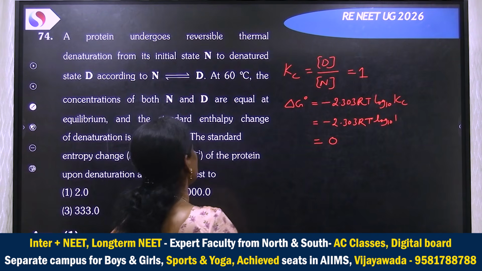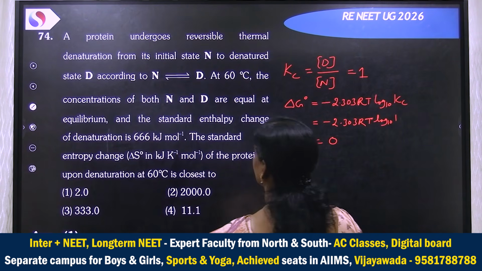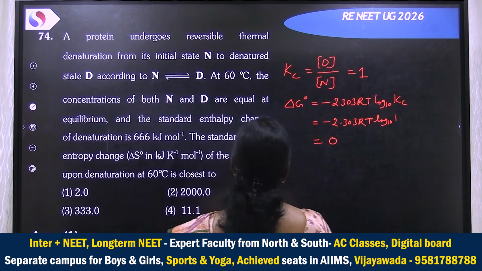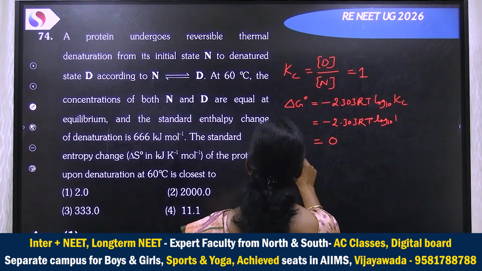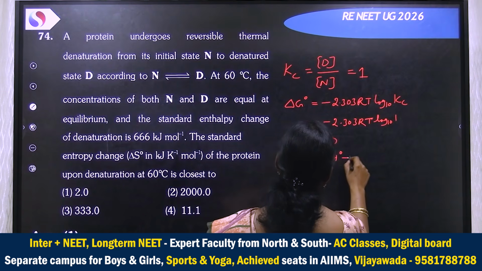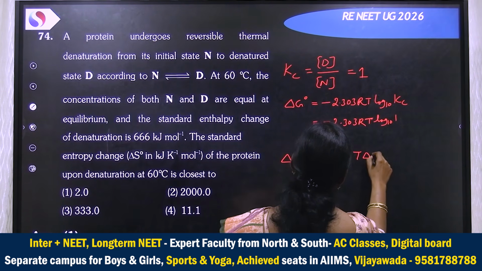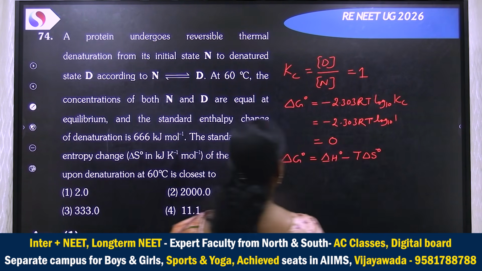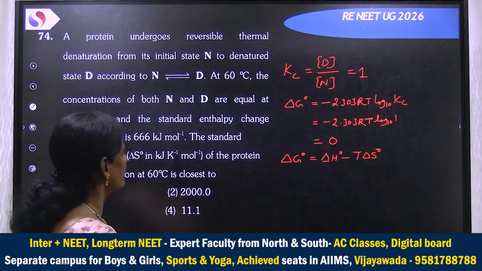So the relation between Gibbs free energy change, enthalpy and entropy change: the equation is delta G naught equals delta H naught minus T delta S naught. All are in standard state only.